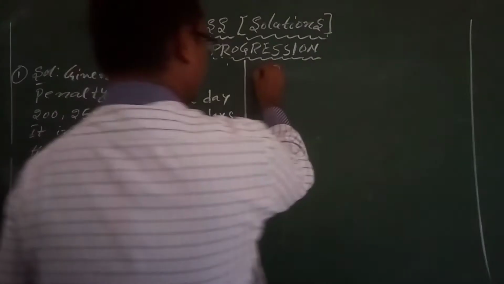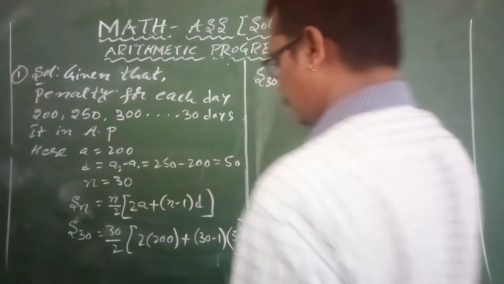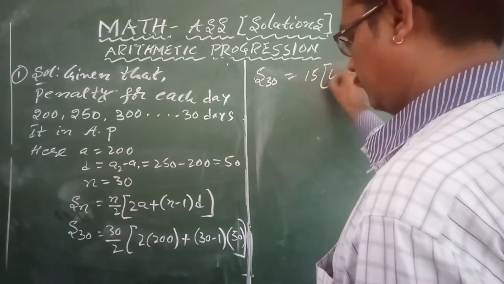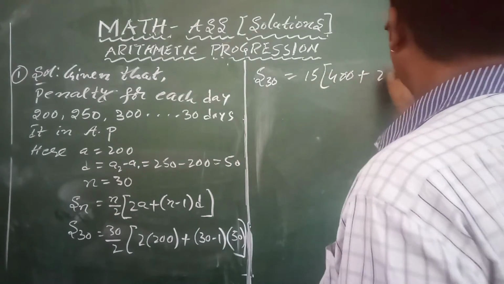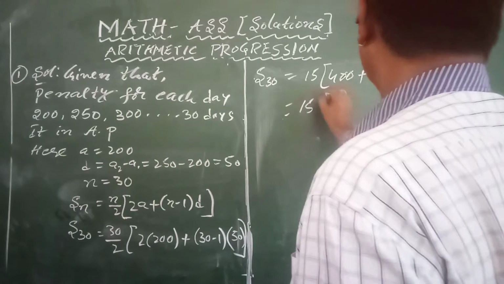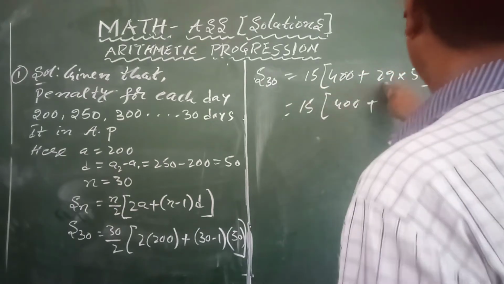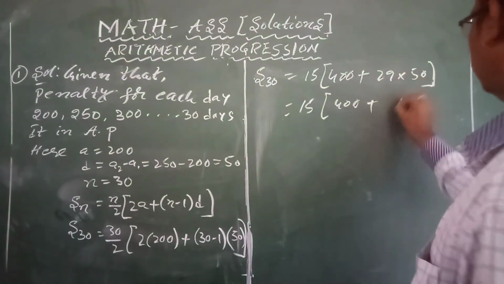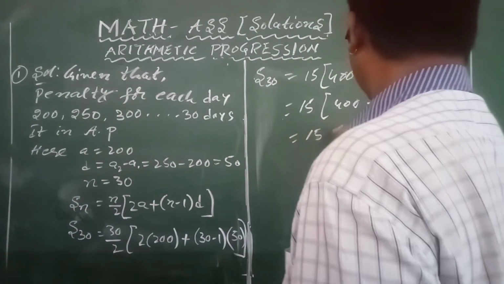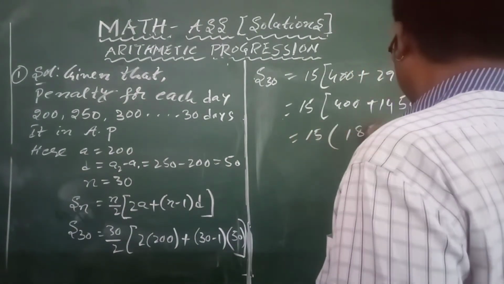Simplify this. S30 is equal to 15 of 400 plus 29 into 50. 29 times 50 is 1450, so 400 plus 1450, we will get 1850.